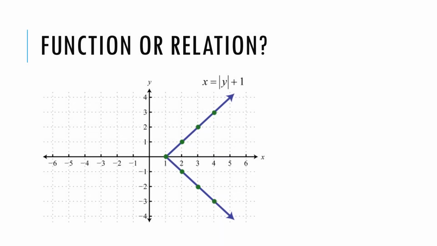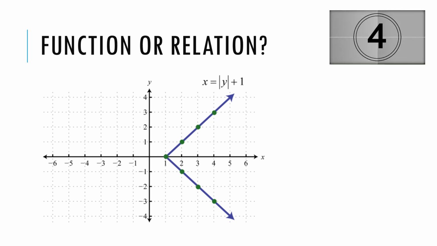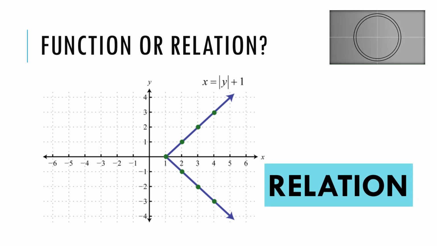Let's go back to the previous graph. Let's identify kung function siya or relation. I will give you 5 seconds. So, the answer is, it's a relation, hindi siya function by using the vertical line test.